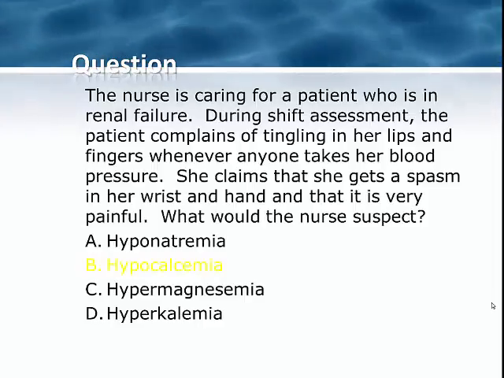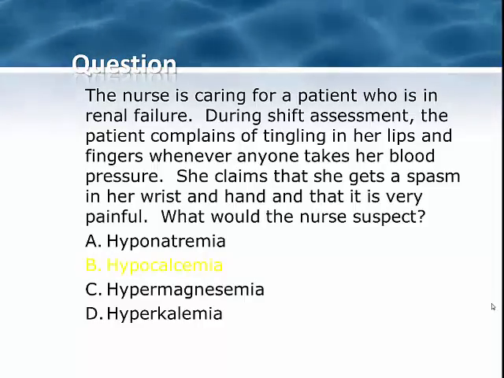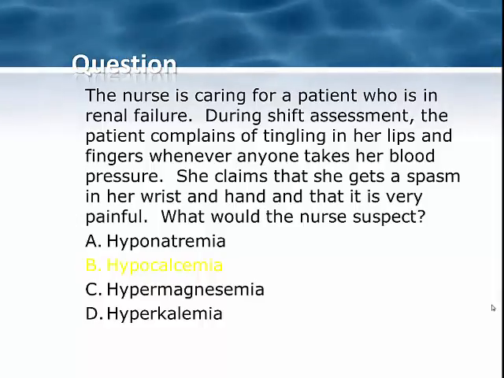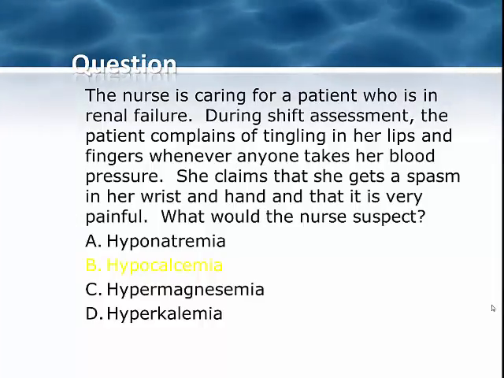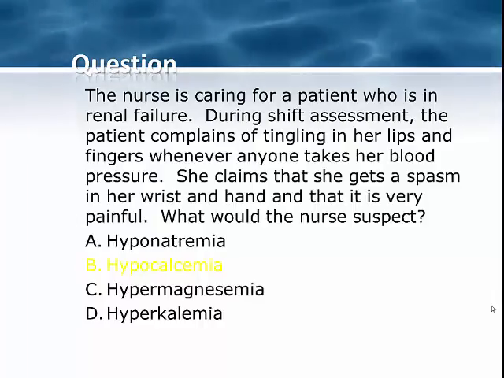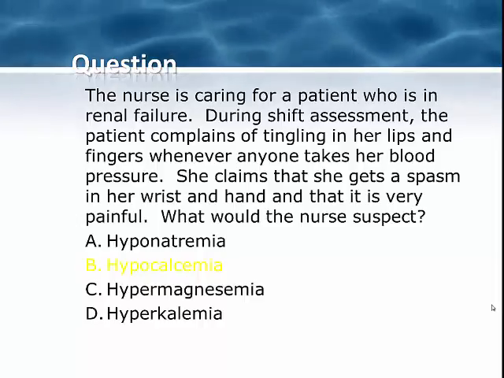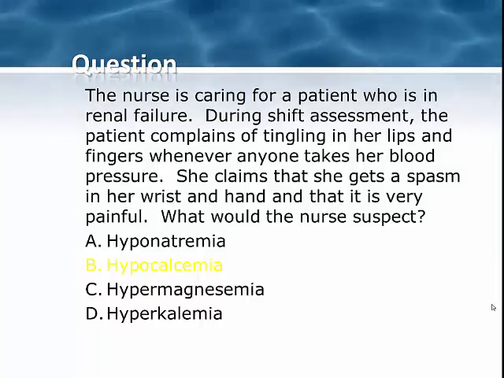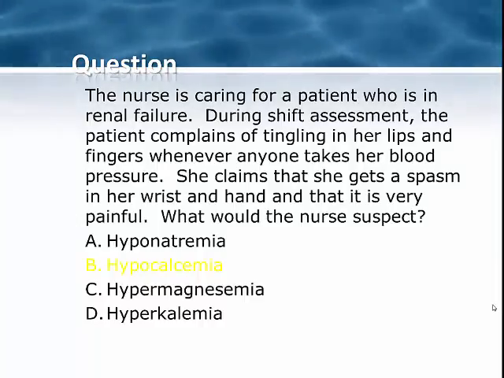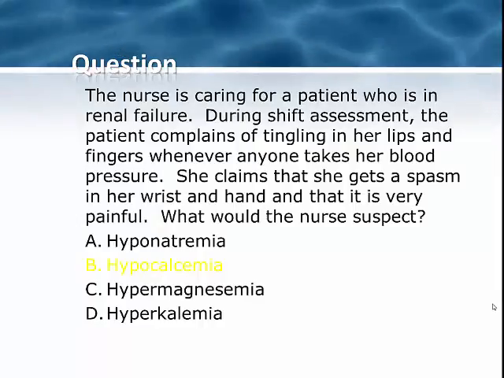I hope you answered hypocalcemia. That is a classic sign of tetany that occurs with hypocalcemia. And remember, with hypocalcemia, you can also have hypomagnesemia, which would cause some tingling in the associated symptoms. The other options are really just distractors.